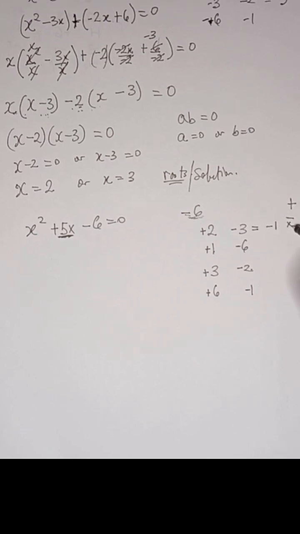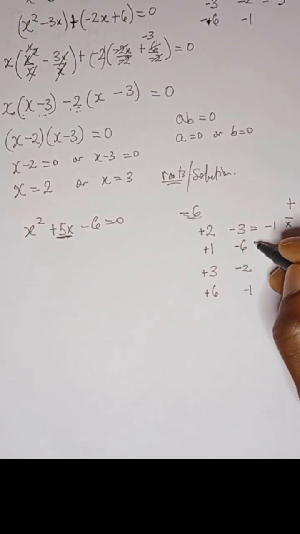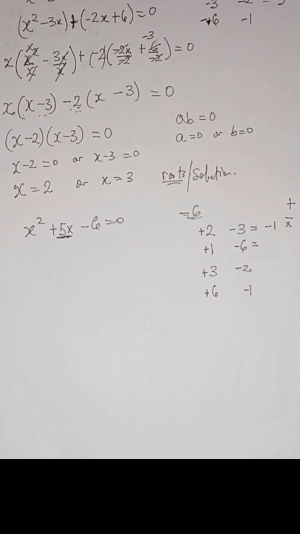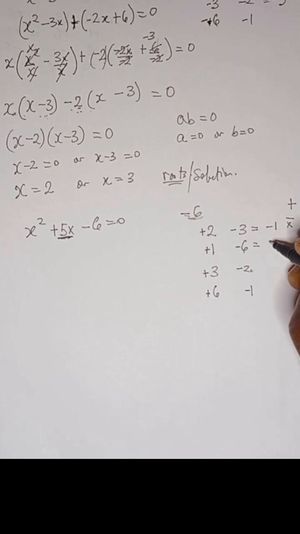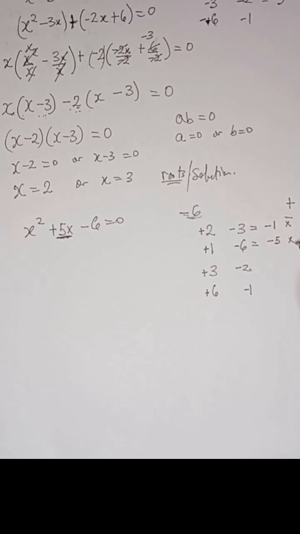So this would not work. Plus 1 minus 6: you have 1 naira, you are owing 6. When you pay this one, you are still owing 5. So this will be minus 5, and this would still not work.